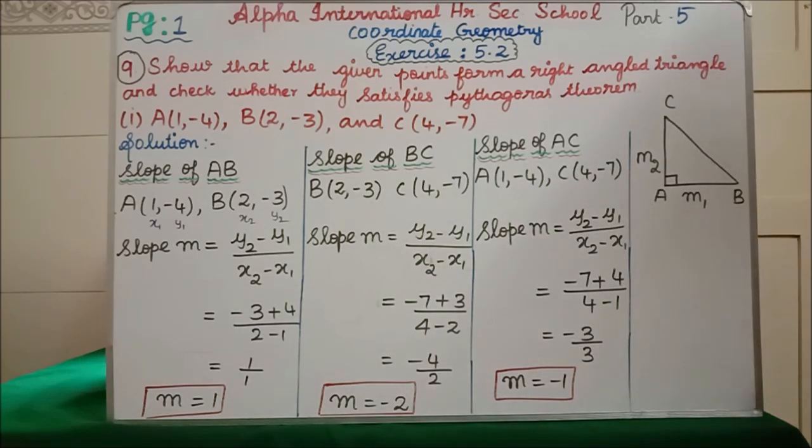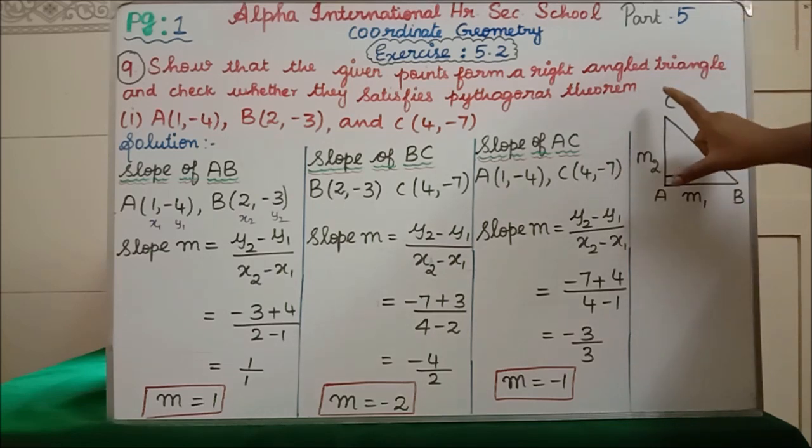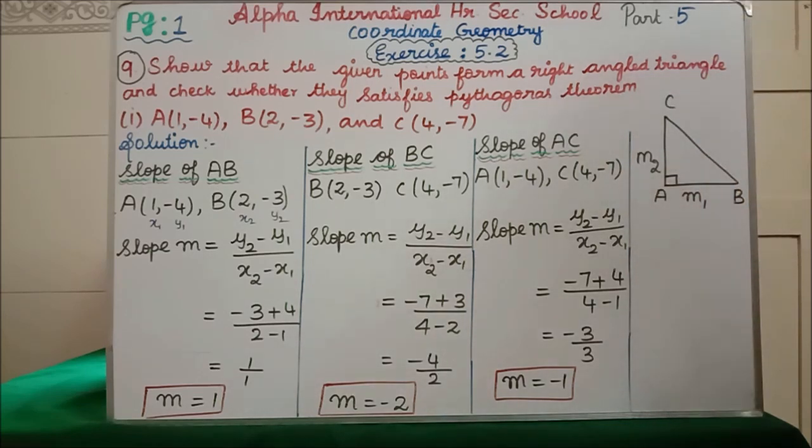Can all of you remember the Pythagoras theorem? What we have proved in the Pythagoras theorem? Hypotenuse side square is equal to the sum of the squares of the remaining two sides, isn't it? Hypotenuse means what? Opposite to the 90 degree, that side is the hypotenuse side. These are the remaining two sides.